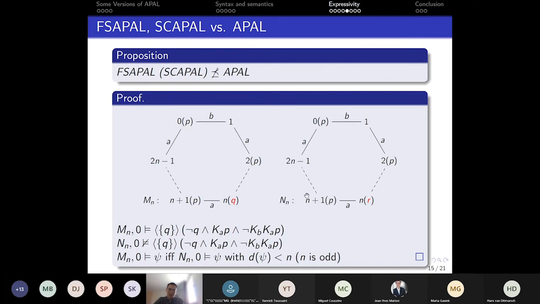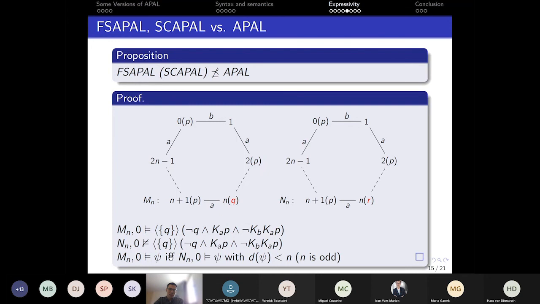On the other hand, on NN, it cannot be done by a formula which only contains atom R. So this FS-APAL formula cannot be true on the NN0.